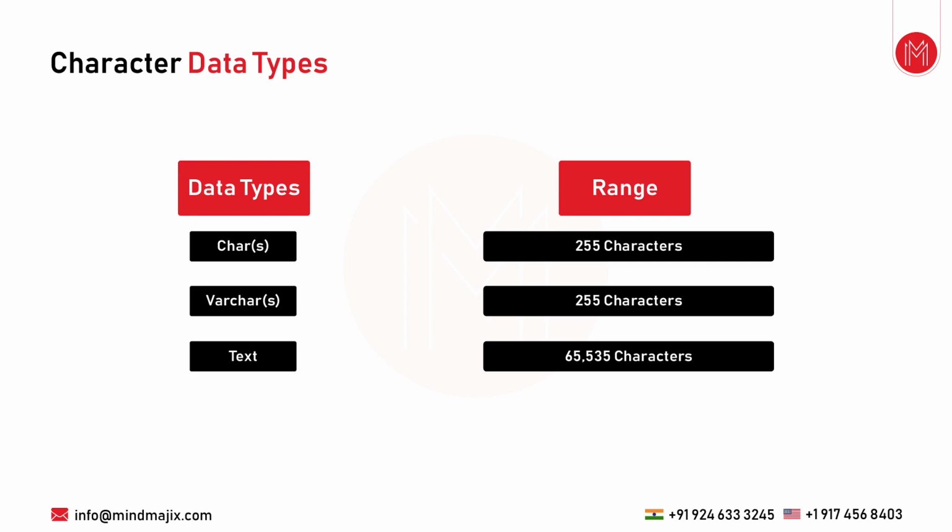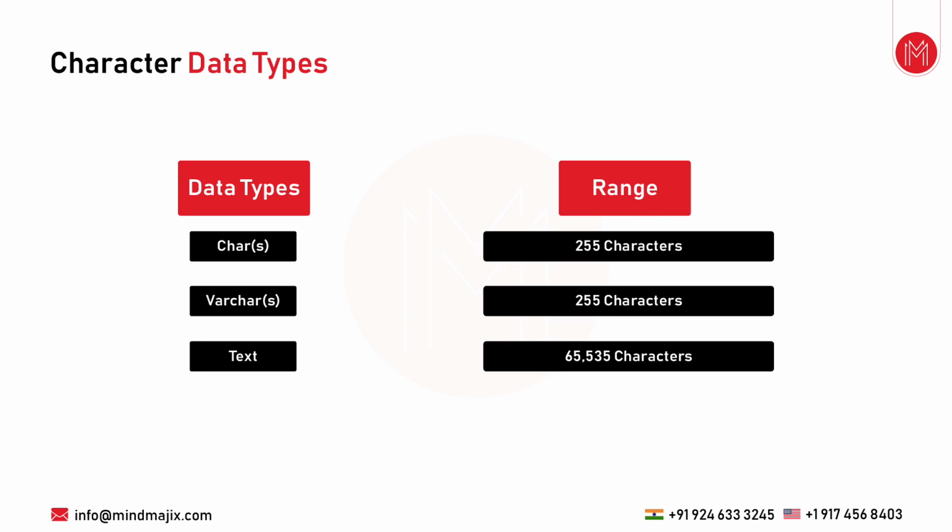Now, it's very important to understand the difference between the char and varchar data types. In char, you can see the range is 255 characters, and we can see the same range for varchar also. The question is, what is the difference between char and varchar? Let me explain the difference with the help of an example. The char data type works with a static memory allocation.